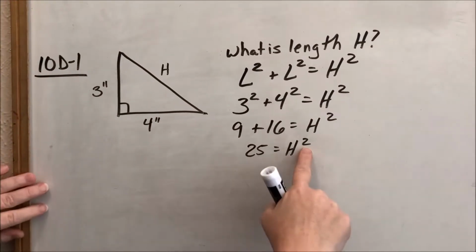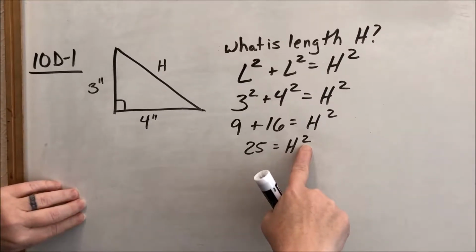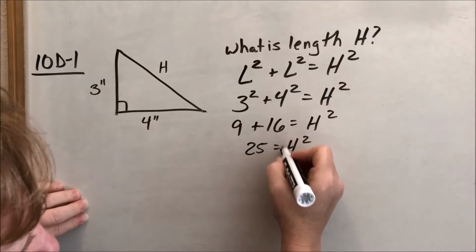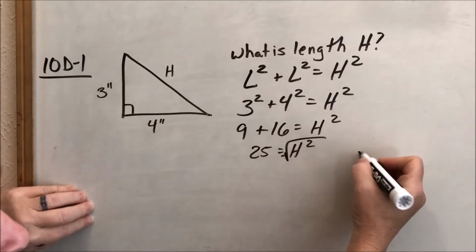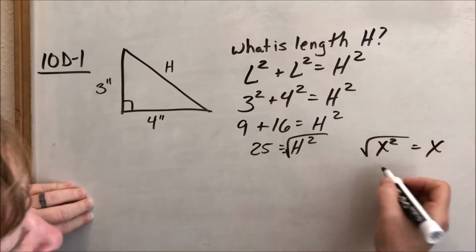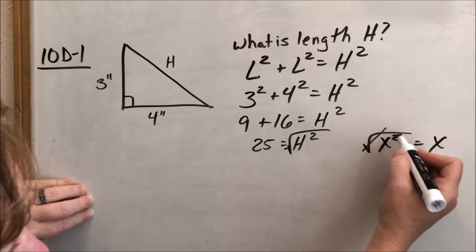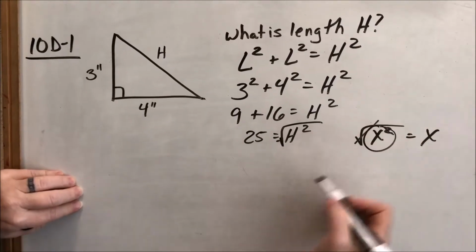So we have to get rid of that square. The opposite of squaring is the square root, because if I take the square root of that, you guys did at some point in the book, like you said, the square root of x squared is just x. So the square root and the squares cancel each other out and leave you with just that.